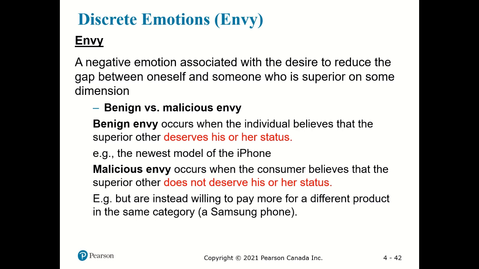The second one is malicious envy, which occurs when the consumer believes that the superior other does not deserve his or her status, right? You think, oh, these kinds of guys are having these kinds of Mercedes, they don't deserve it. In this case, consumers are instead willing to pay more for a different product in the same category.